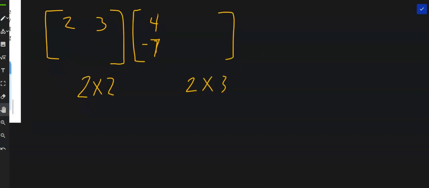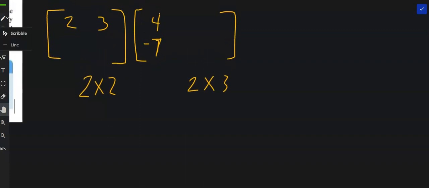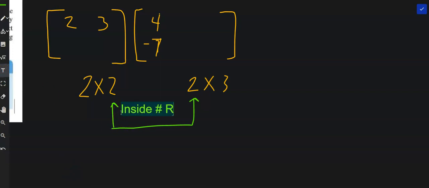Before you can ever do this, we have to check something. If you go online, you're not going to find this term because I guess this would be a Staleism. The inside number rule.